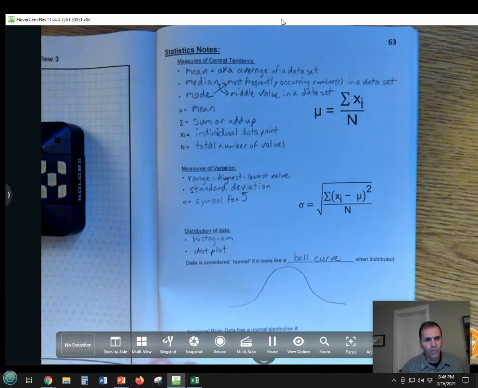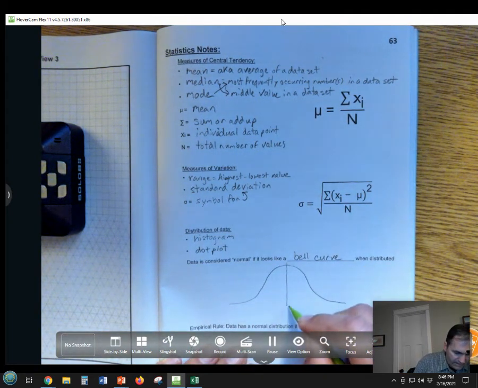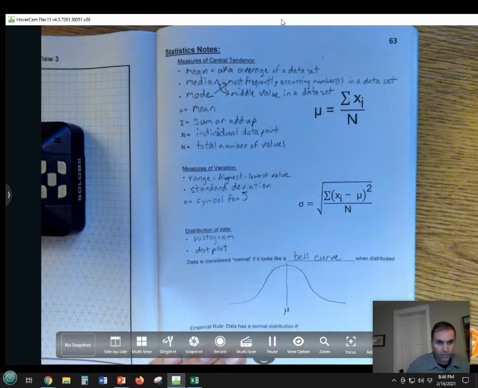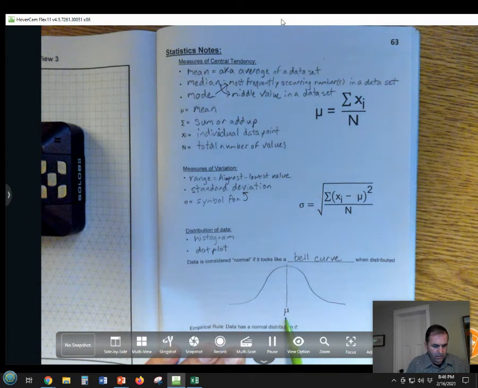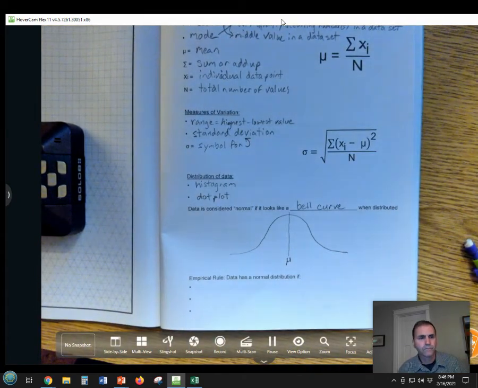With your mean, let's go ahead and draw this and make that little symbol, that funny looking U with the long tail on that side. Now we're going to come back to this later on when we talk about the empirical rule, but I'm not going to do that right now. All right, let's see what we can do with some of this data.